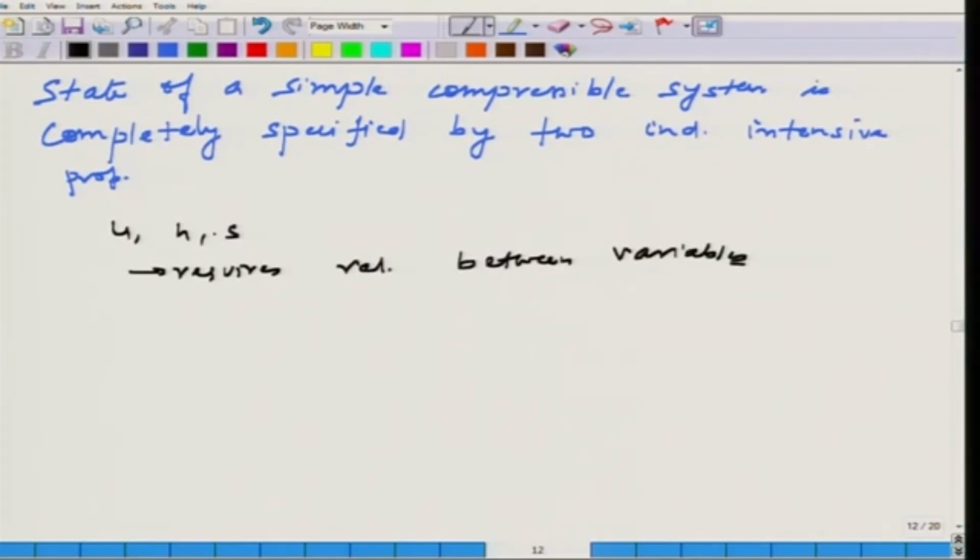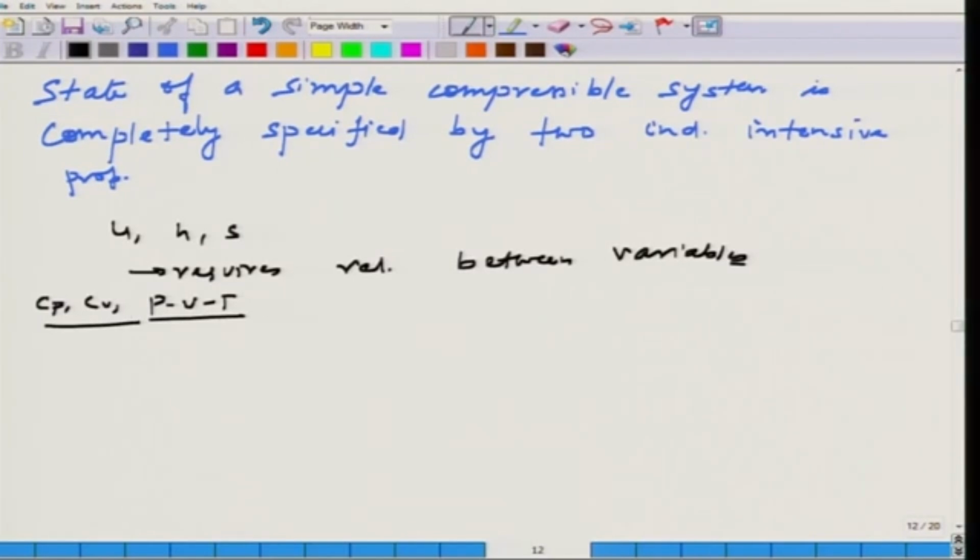Now remember these are not directly measurable. What we can measure is Cp, Cv and other related quantities. So all related to this we can calculate.